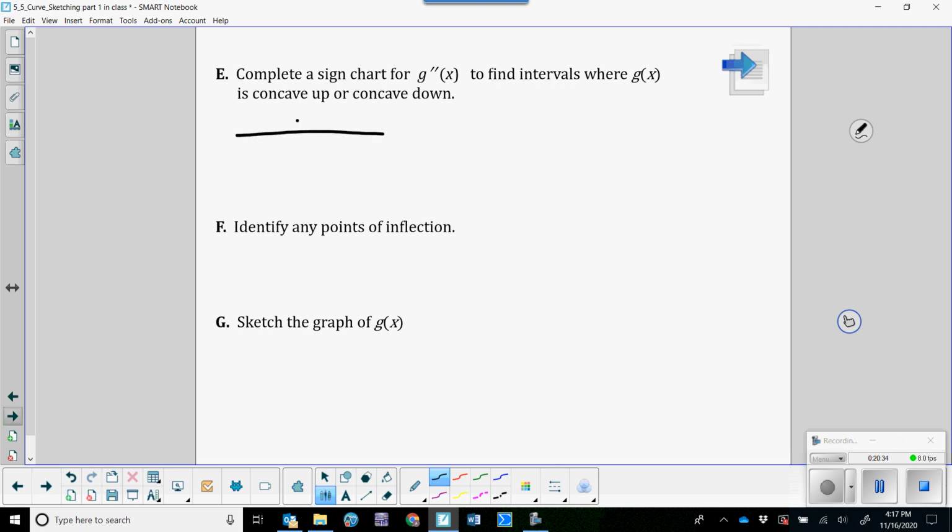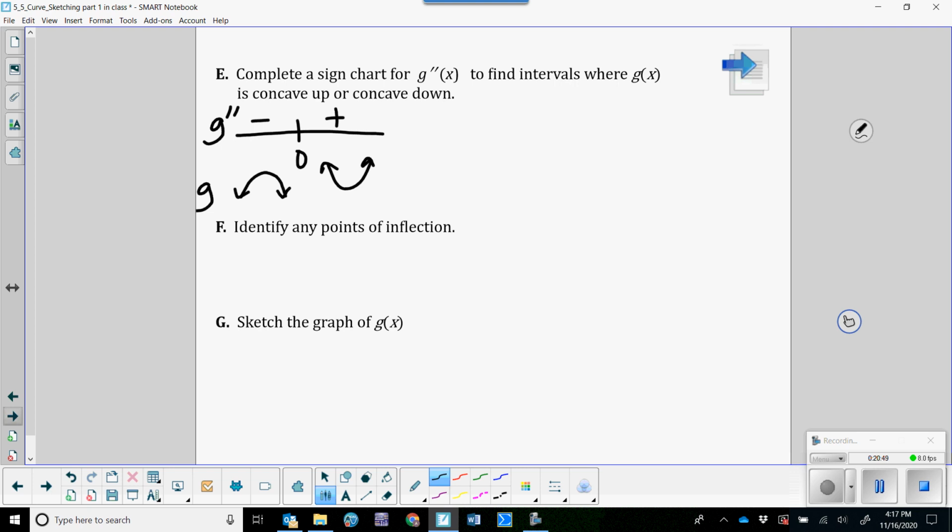That one was really easy. Remember, the function was just 6x. So if I'm less than 0, I'm negative, greater than 0, positive. So here we have concave down for G, concave up. Okay?